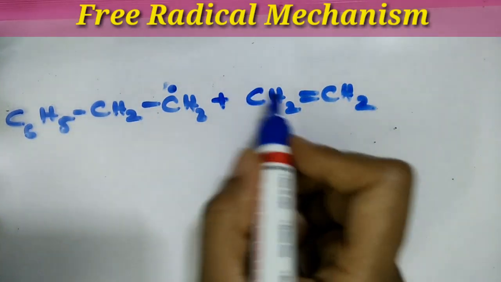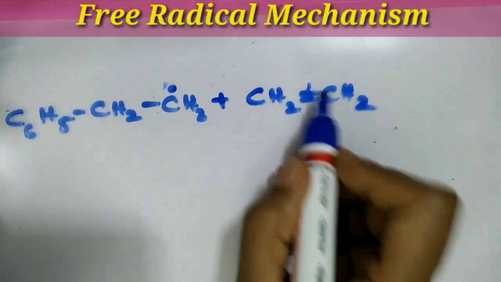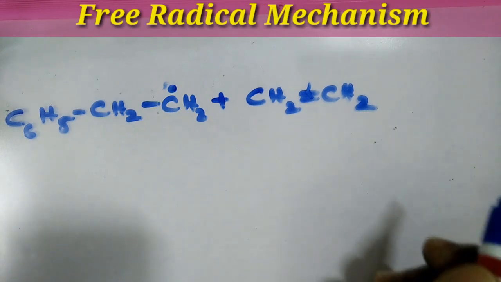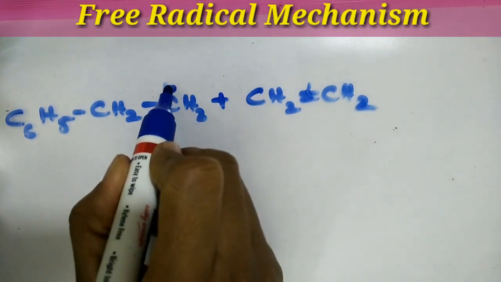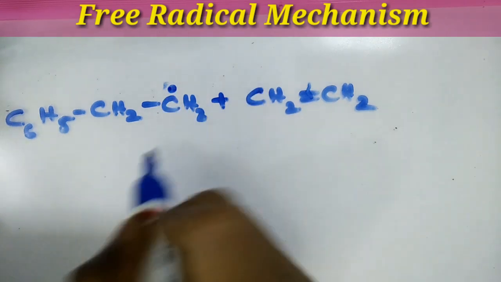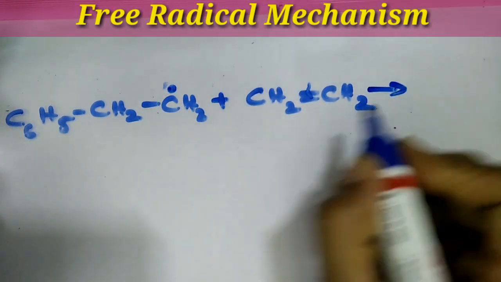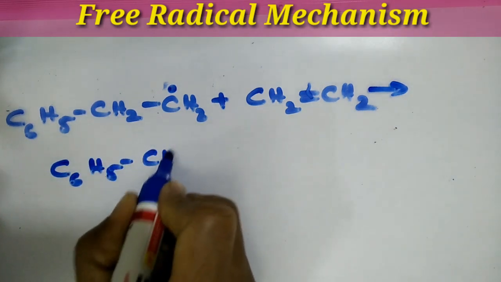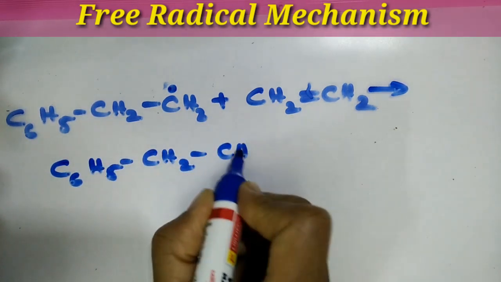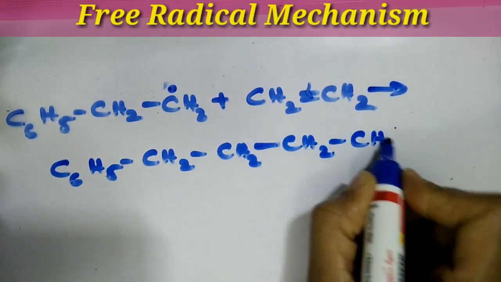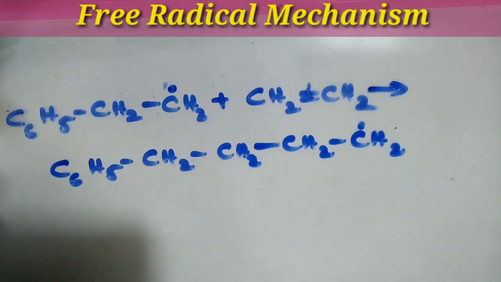The double bond breaks again, and both carbon atoms get one electron, and this electron and the electron from this carbon atom make a bond, and you are getting a compound like C6H5 CH2 CH2 CH2 CH2 free radical. A lengthier one you got, no? A bigger free radical.